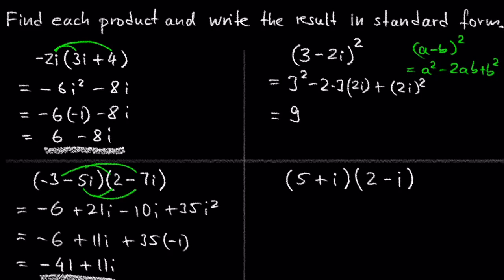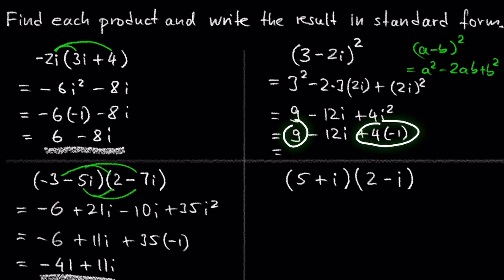Negative 2 times 3 is negative 6 times 2i is negative 12i. 2i squared is 4i squared. i squared is negative 1. And 9 minus 4 is 5. So we get 5 minus 12i, and we are done with this problem.